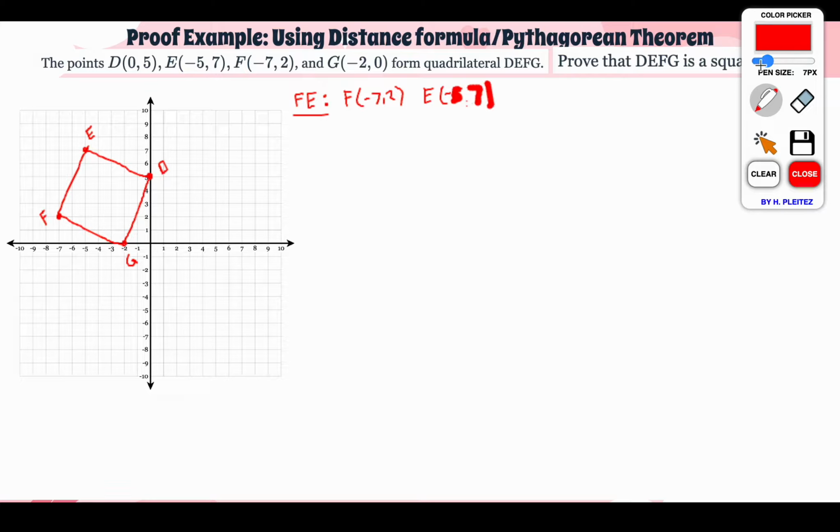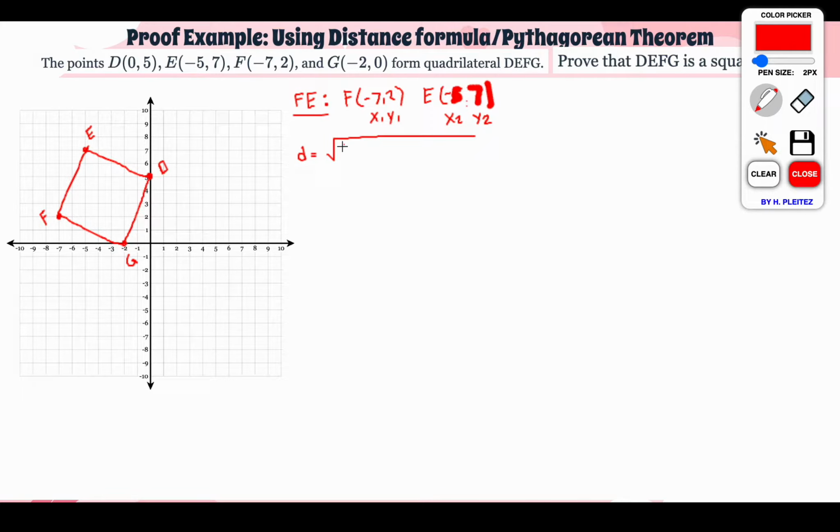The reason you want to write these points out is so that you can label x1, y1 and x2, y2, because that's going to help you when you substitute into your distance formula. You're going to be able to clearly see what your points should be.